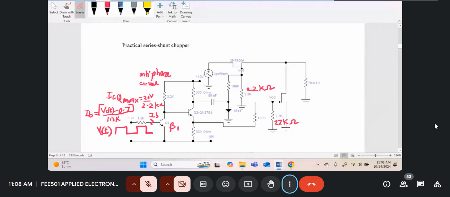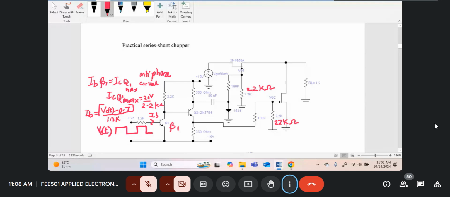And therefore now we can get IC. So IB times beta 1 should equal IC of Q1 max.